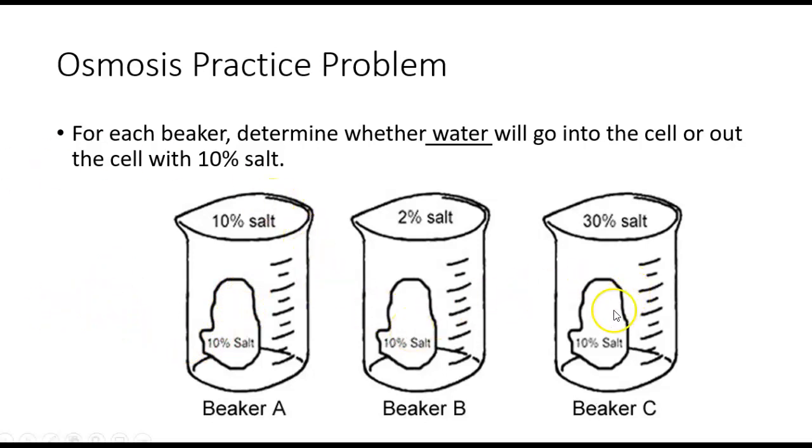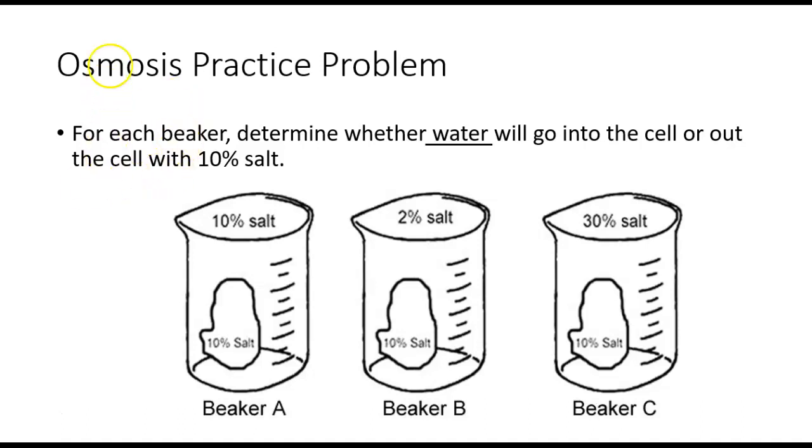So all the cells have 90% water. So up here, if the solution has 10% salt, we're assuming that the remaining molecules are just water. So that would also make the concentration for beaker A 10% salt, 90% water.